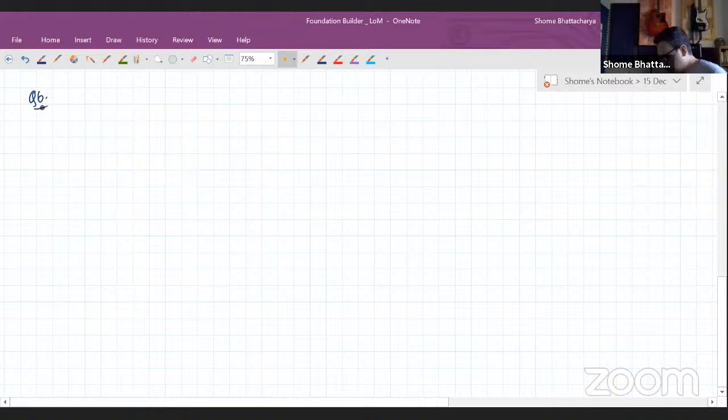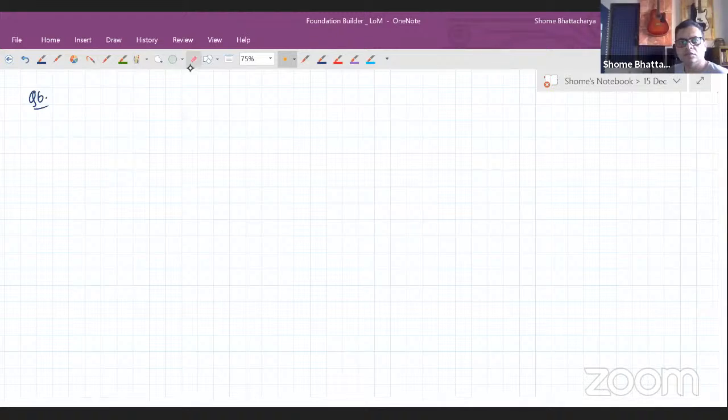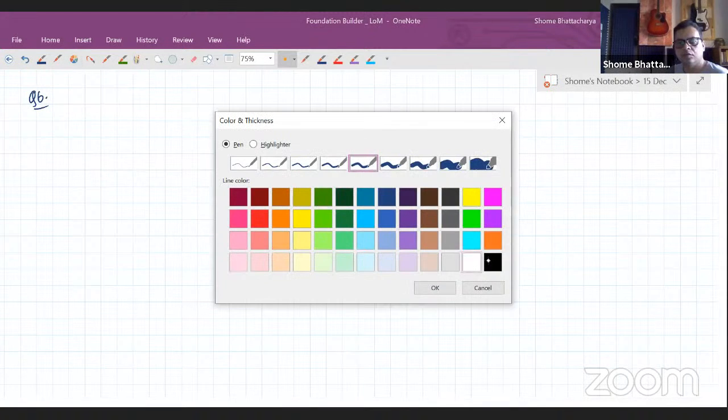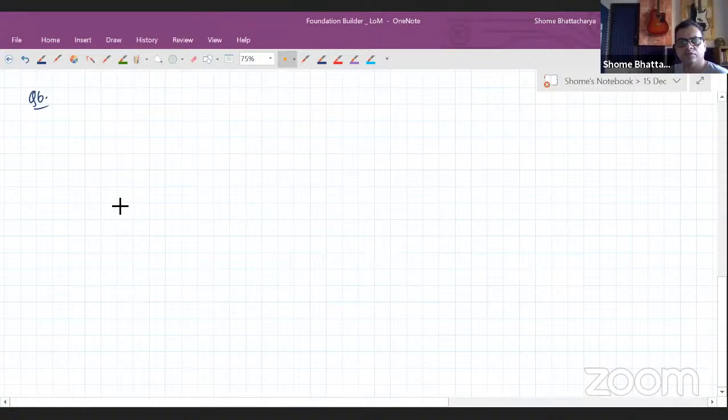Okay, so question 6 is giving you the graph of velocity versus time for a particle of mass 50 grams. So start by understanding that you have velocity on the y-axis and time on the x-axis.